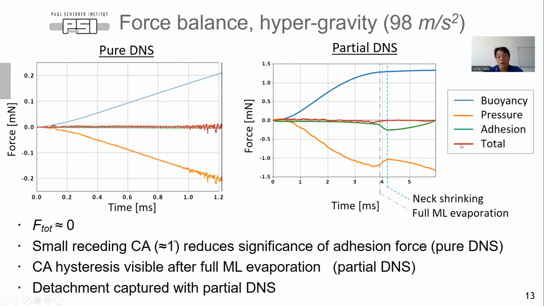The total is the red one. If we see the red line, F total is almost zero for the entire period. And if we see the green line here, we can see some value when the neck is shrinking. This represents that we could capture the contact angle hysteresis.